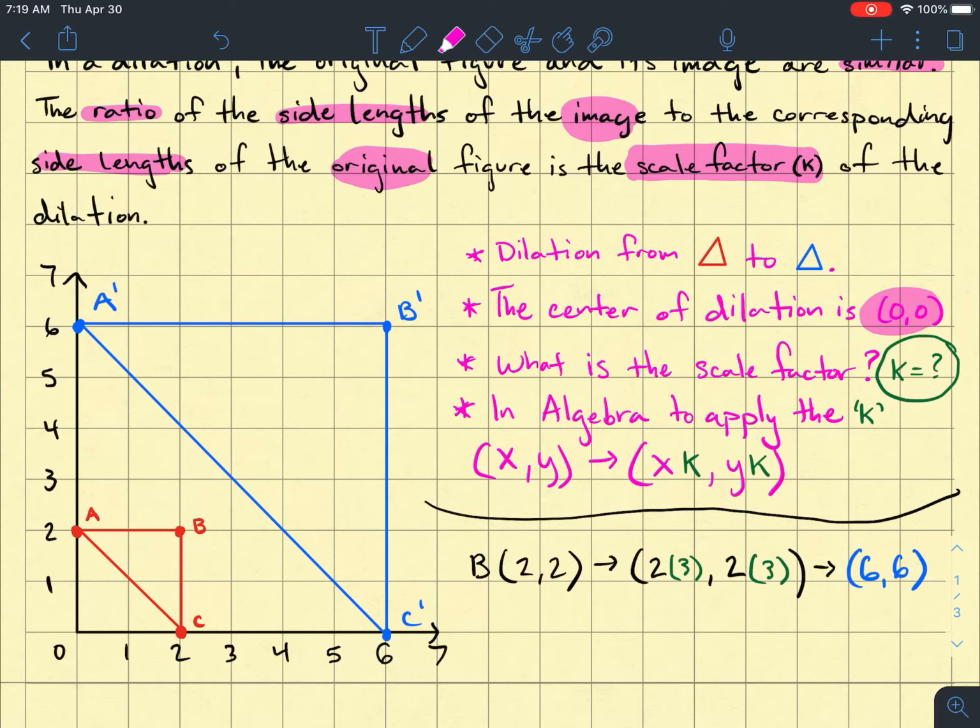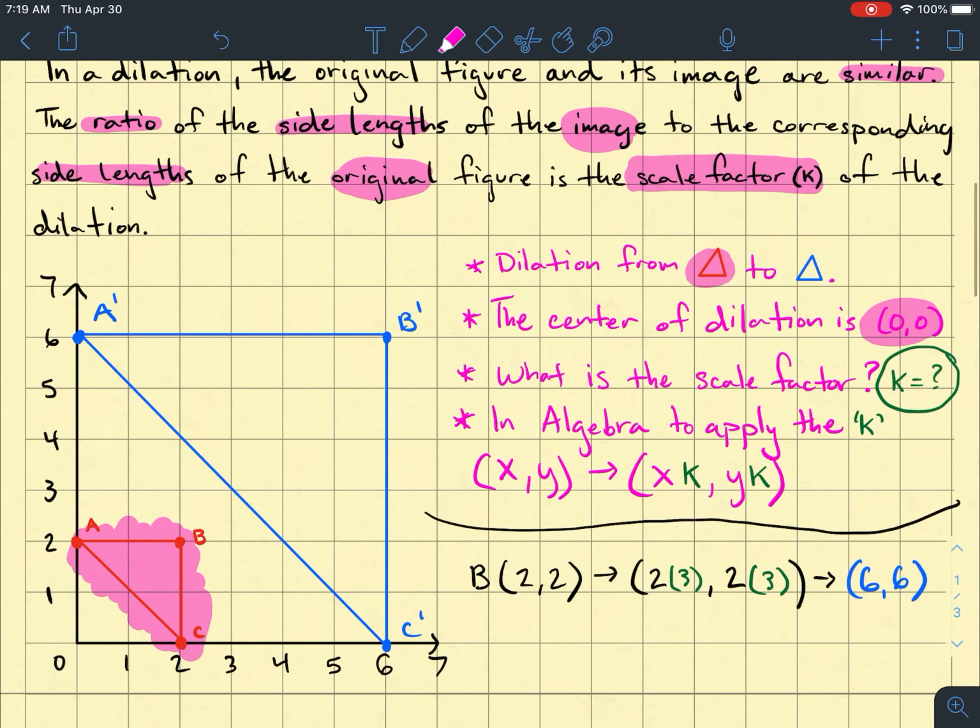Maybe you're provided with the red triangle first, and they're telling you to perform the dilation from the origin. Then you would be able to perform the dilation that you see here. So the center of dilation is (0, 0). I'm going to mark that here. That's the center of dilation.